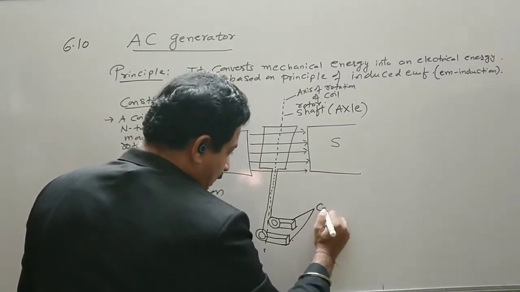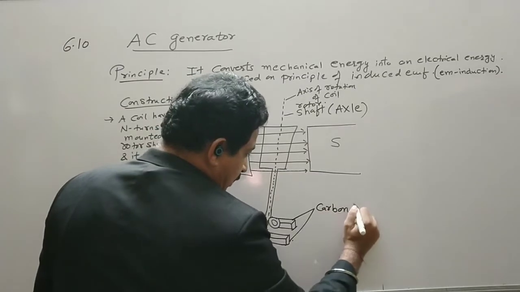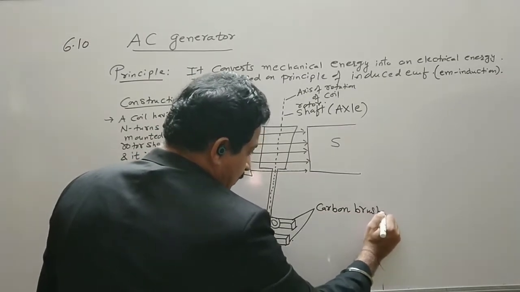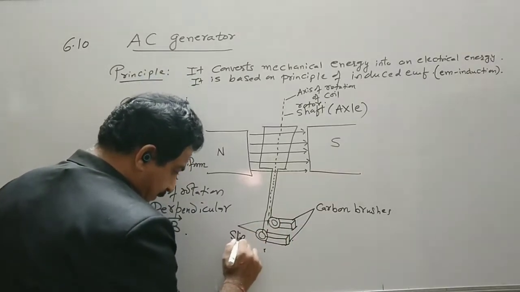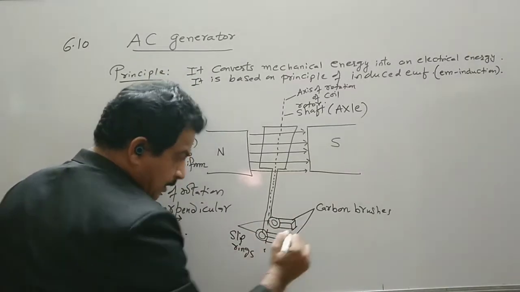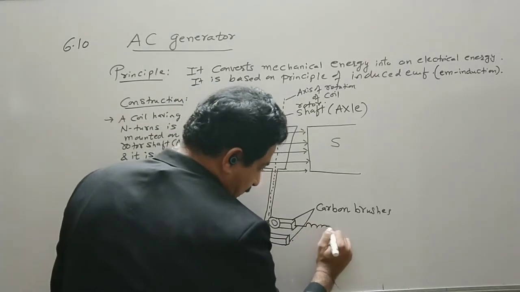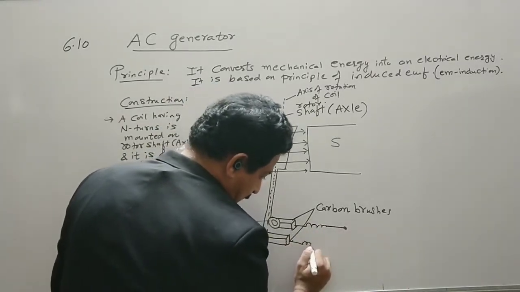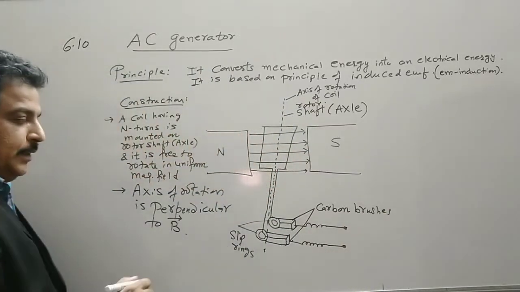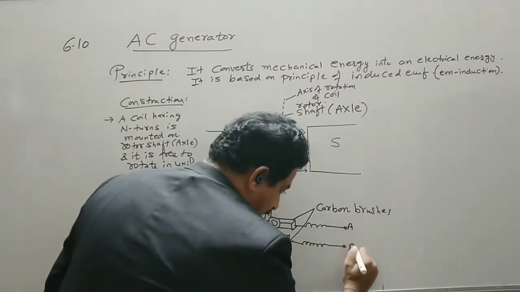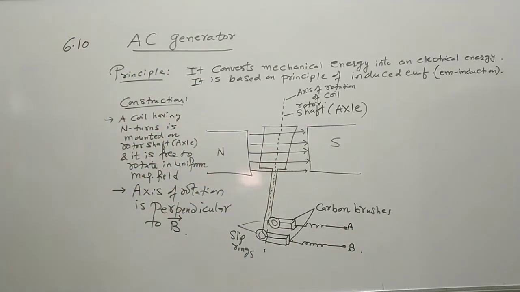So these two are carbon brushes and these two are the slip rings. These two carbon brushes are connected to the two terminals from where we will get an output. So we will get an alternating output from these ends A and B.